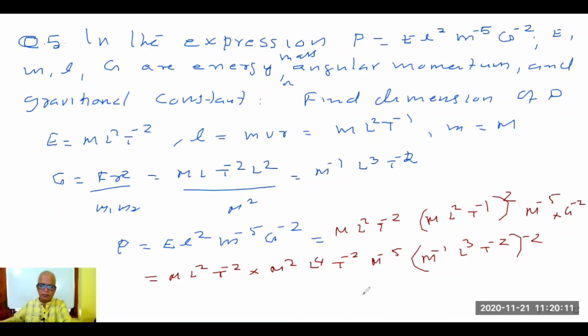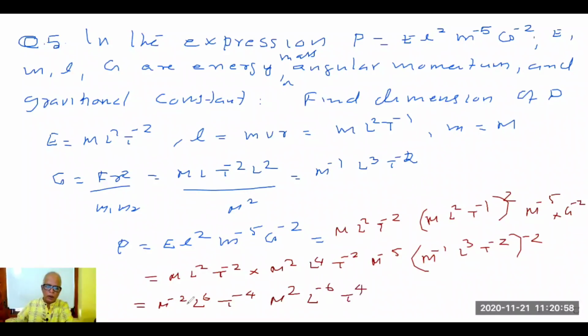What will I get here? Tell me. M cube, M raised to minus 5, M raised to plus 2, L square L raised to 4, L raised to minus 6, T raised to minus 2, T raised to minus 2, T raised to plus 4.